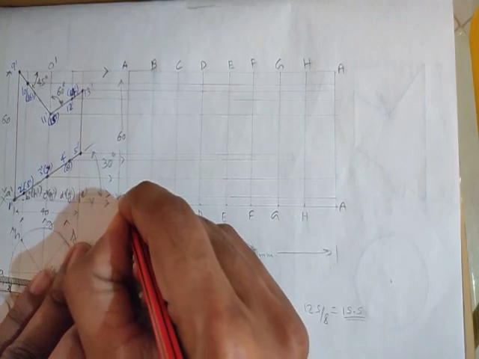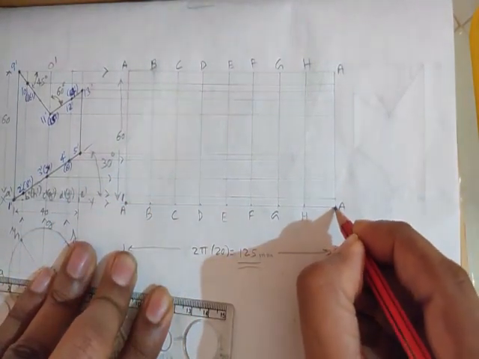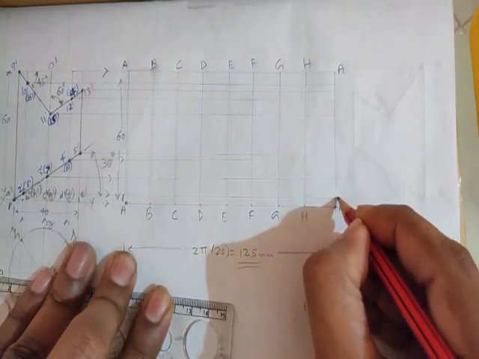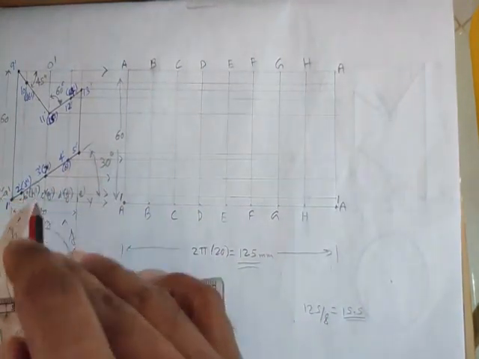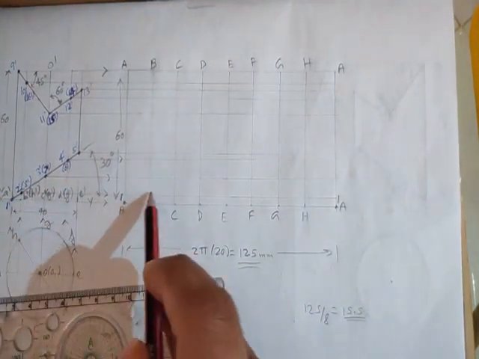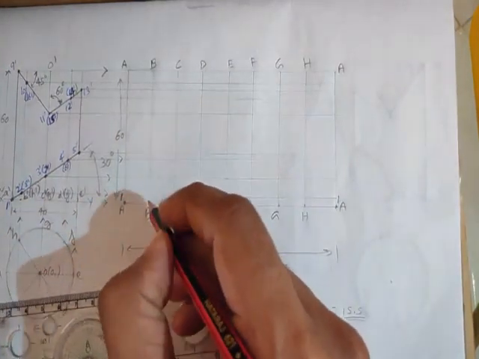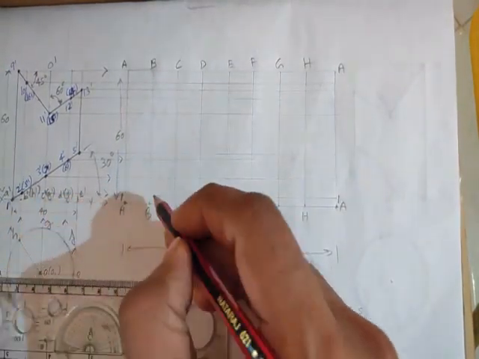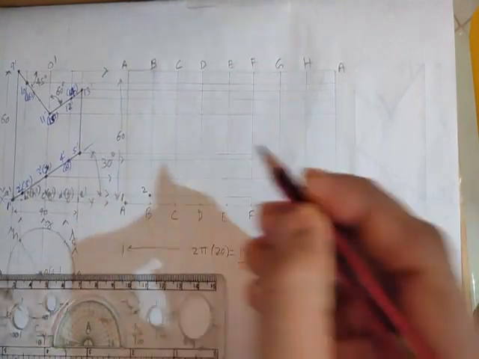I'll also mark 1 here, because there are two A's, so there should be two 1s. Then intersection point 2 is on B, so B is here and this is the projection of 2, so they intersect here, so this point is 2.